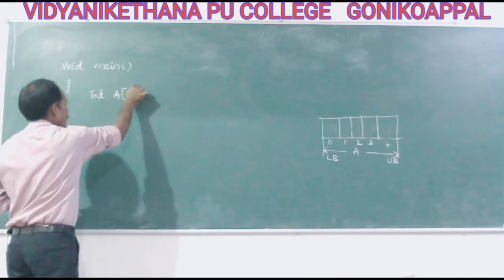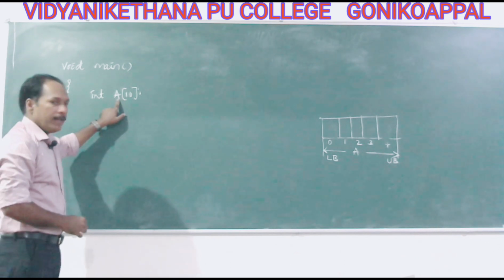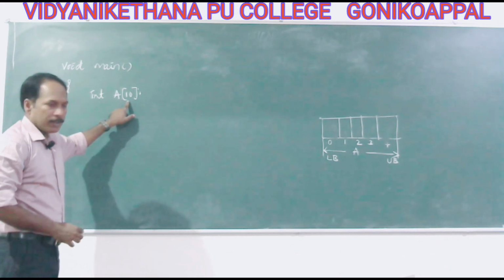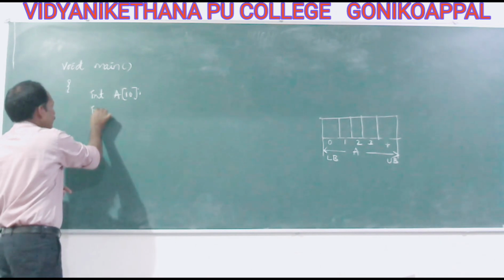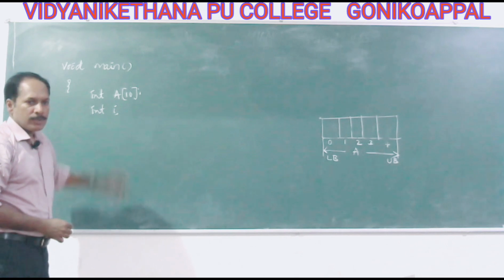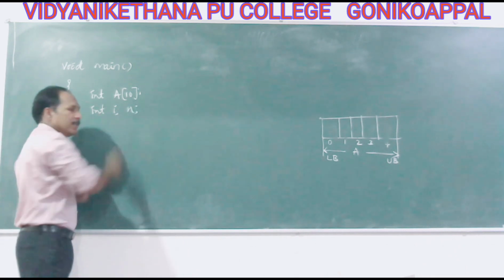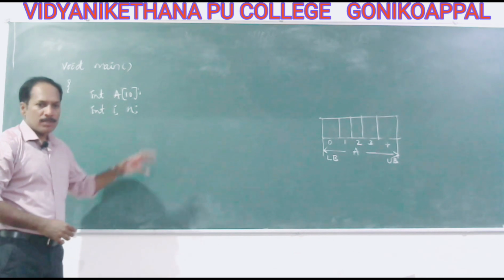I'll take 10. So this is int, which is the data type, and A is the array name with size 10, a one-dimensional array. Another thing we need is a subscript. To access elements of an array, we must use a subscript, let it be I. And one more is the number of elements, let it be n. That is how many elements we are going to store.